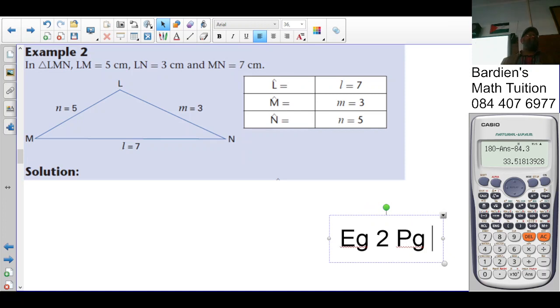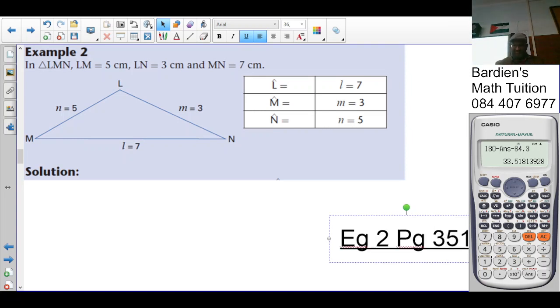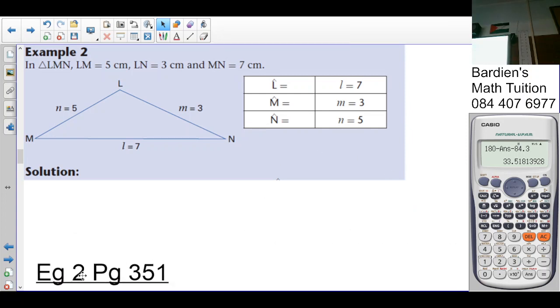Right, people, 251. No, 251 you must not get to, because that is dealing with trig.